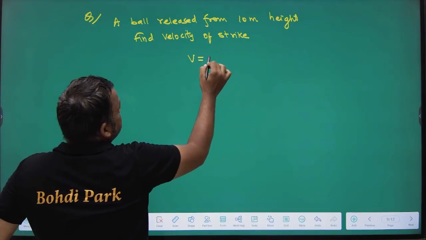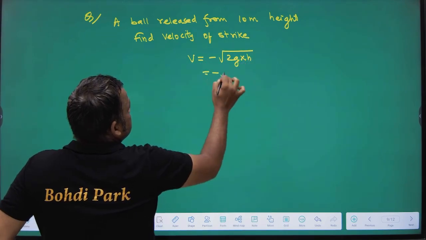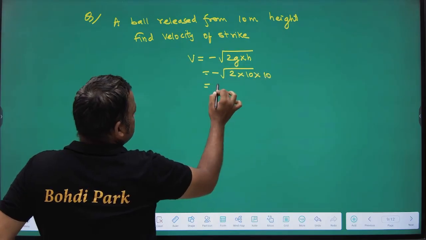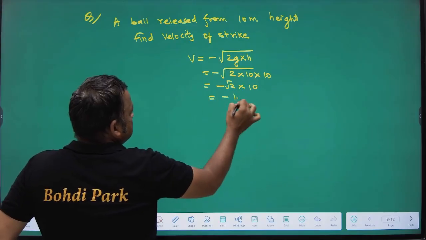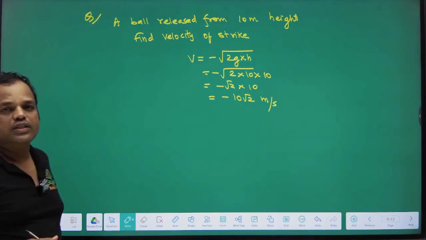So we will use v is equal to minus square root of 2gh. It will be minus square root of 2 into 10 into 10. So that will be minus root of 2 into 10, minus 10 root 2 meter per second. This is the velocity of strike.